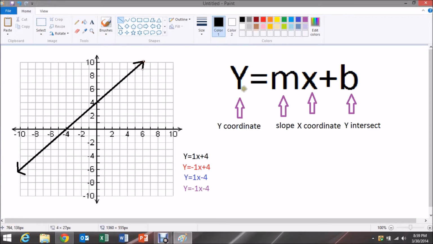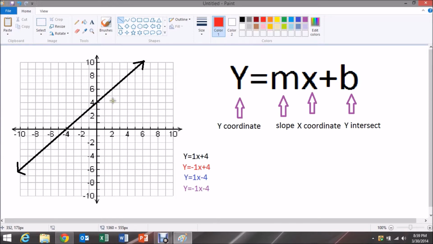Now our next one, represented by the red there, is y equals -1x plus 4. So again, we're intersecting at the y-intercept, but this time we have a -1 slope.